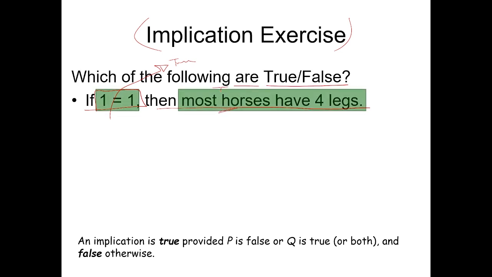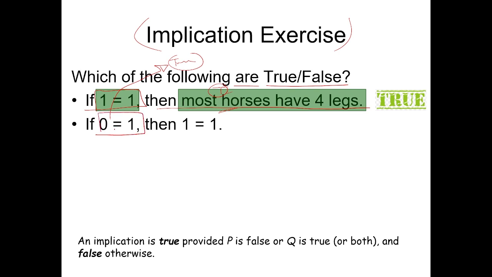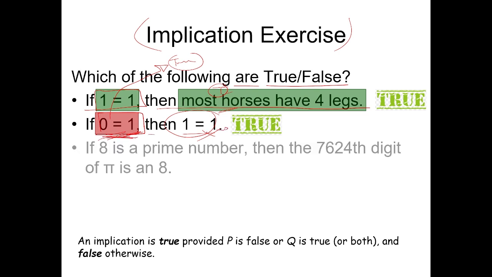These two are true, so the whole implication becomes true. And if 0 equals 1, we know that this is false. 1 equals 1 is obviously true. As this portion is false, we don't really look at this side. We just think that if the hypothesis is false, then the whole statement becomes true.